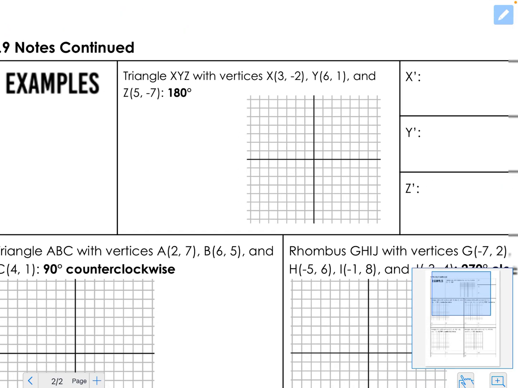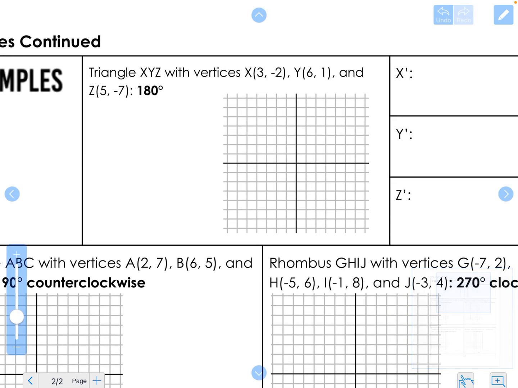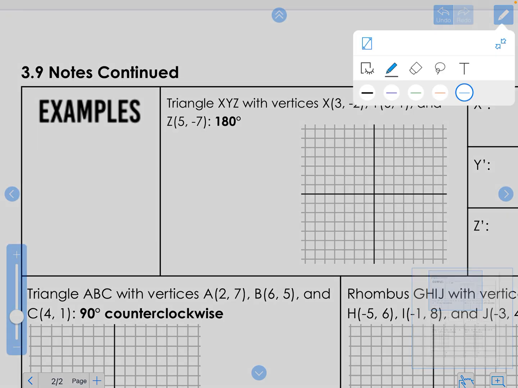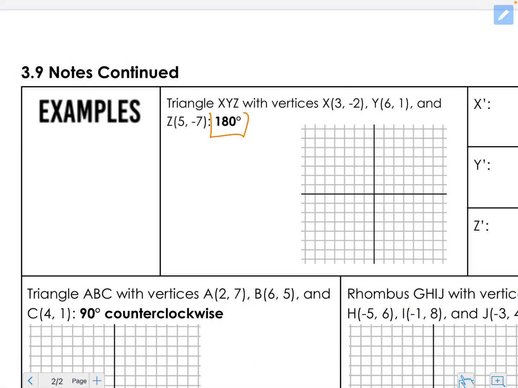All right, so let's see what this looks like. So our rule for 180 degrees is negative x comma negative y. Oh, that looks like a 4. It's one of these days where I just can't write.